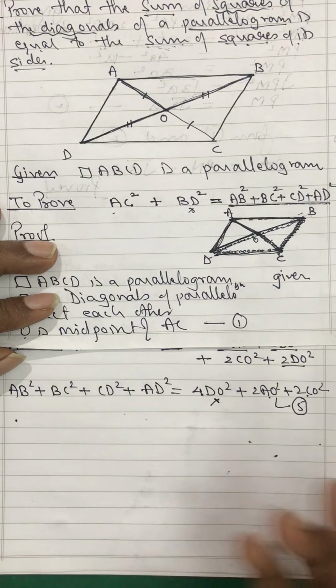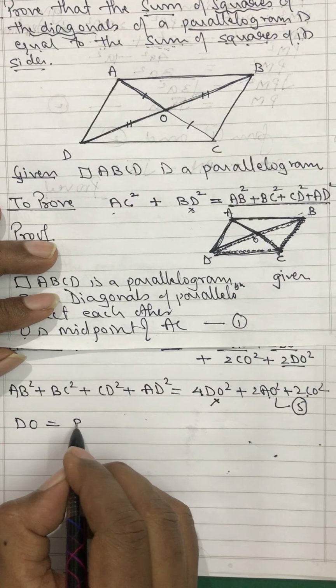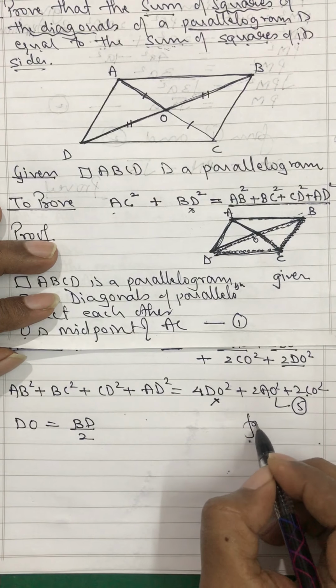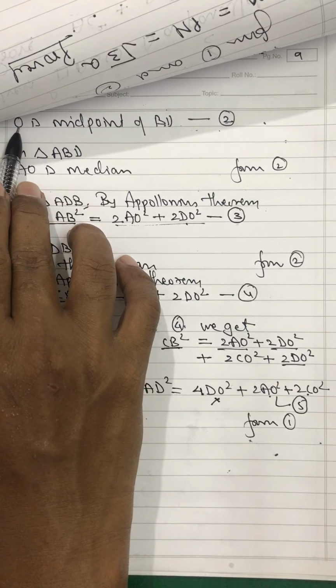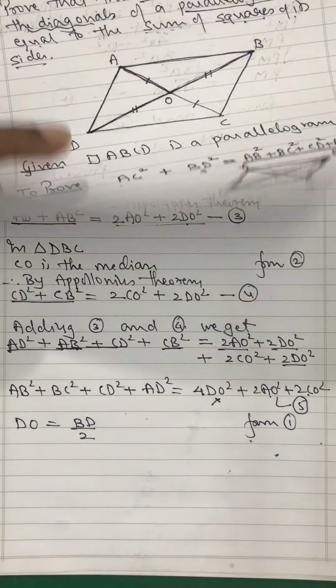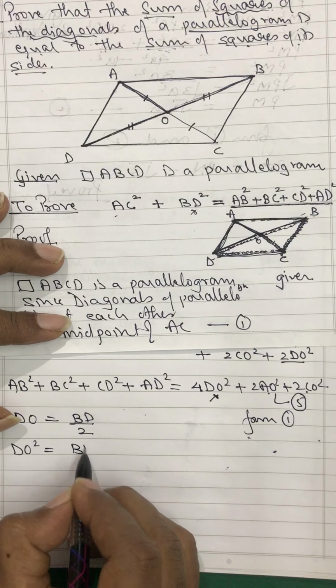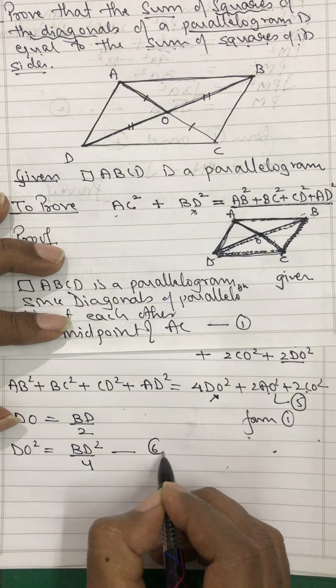So I am trying to convert DO into another form. DO is equal to half of BD, that will be BD upon 2. This is because from 1, I've showed O is the midpoint of BD. I want DO square. So DO square is equal to BD square upon 4. This has become my 6th point.